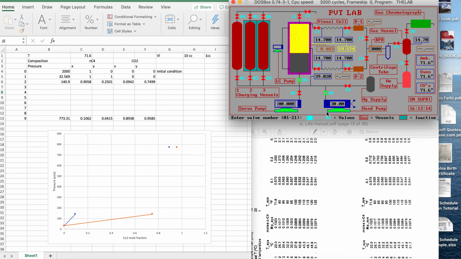So again, I need to close 8, open 10, and inject that 30 cc's. I need to empty my hand pump. So I'm going to close 10 again, open 8 again, and remove another 30 cc's. I'm going to shake the cell.